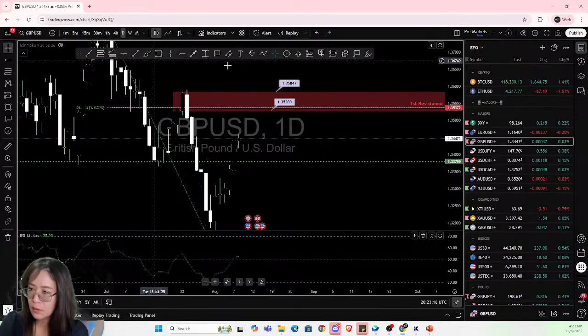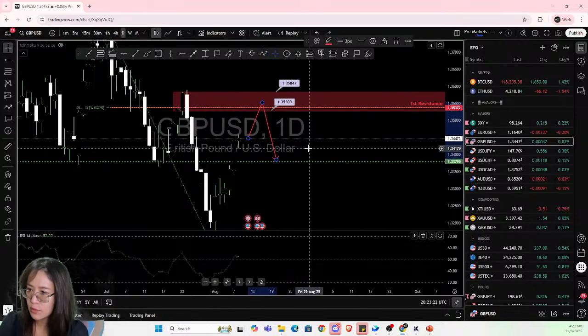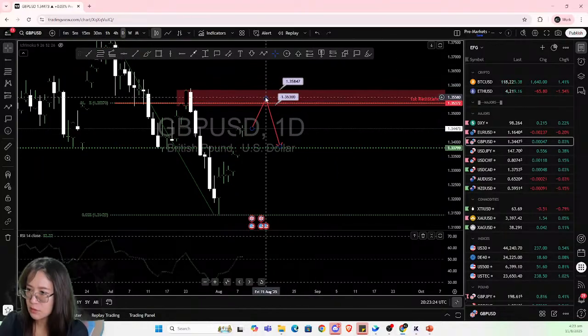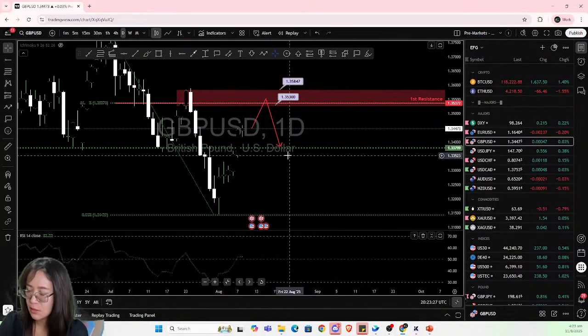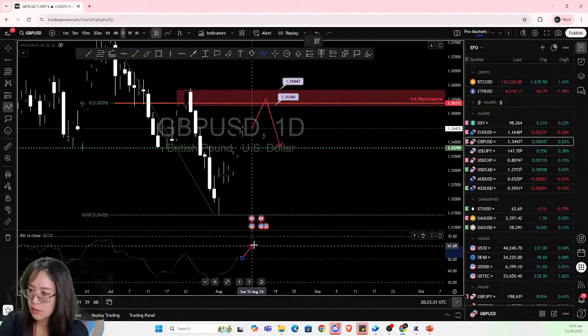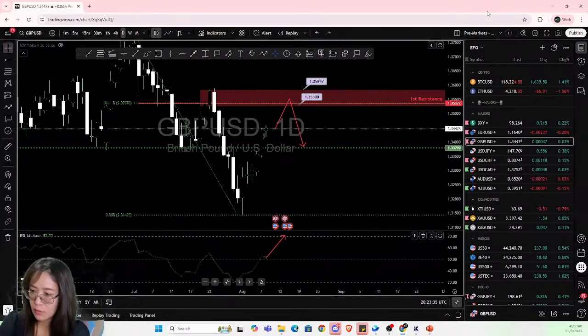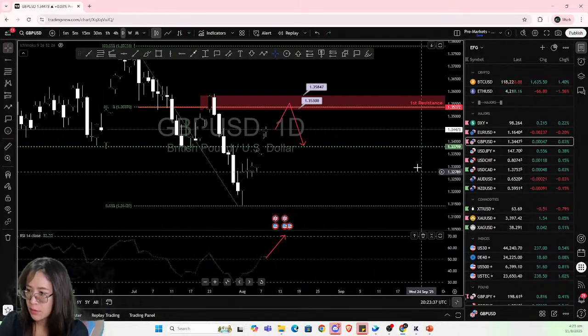Price could be rising, and we see rejection. That will be our take profit if you're going to sell here for the GBP. Meaning that RSI should rise to 70 at least, for the overbought, and then we're going to sell.